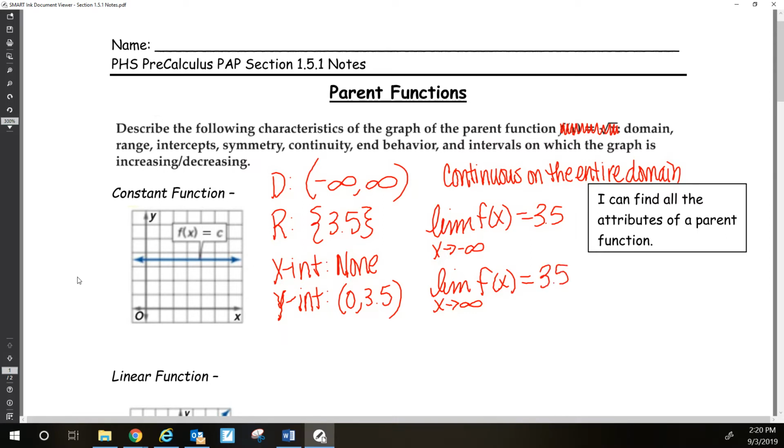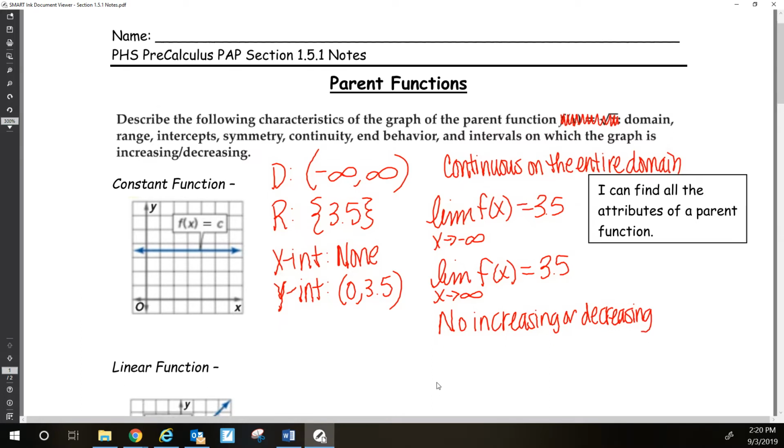It is a constant function. All right. Does this graph increase or decrease? No. It's a constant function, so no increasing or decreasing intervals. It stays the same. All right, that's the constant function.